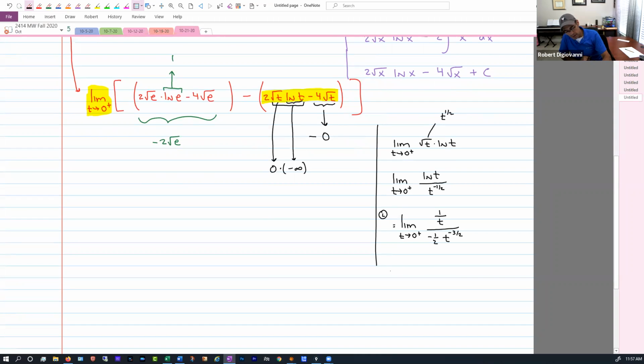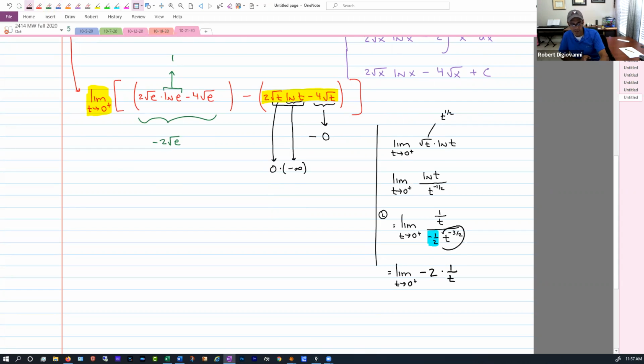That doesn't look very nice, but it's going to clean up algebraically. I'm going to take this negative 1/2 on the bottom and flip it up to the top and make it a negative 2. Then I still have a 1 over t there.